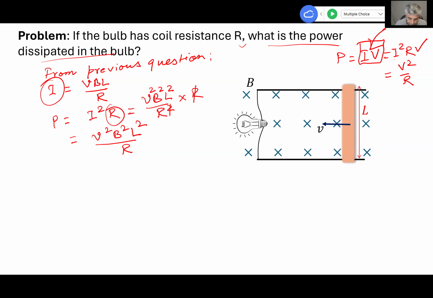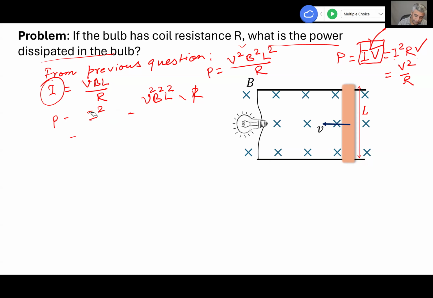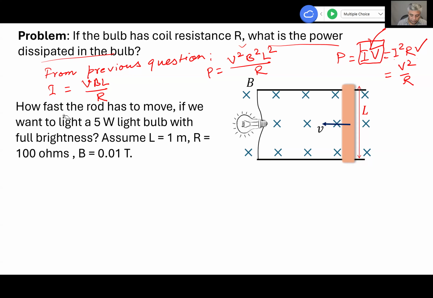So it looks like I have a text over there in the slide. Let me write this result we have over here. So this is power. How fast does the rod have to move if we want to light a 5-watt light bulb? Usually we use 60 watt. If it is LED, we may get away using 20 watt or something like that.